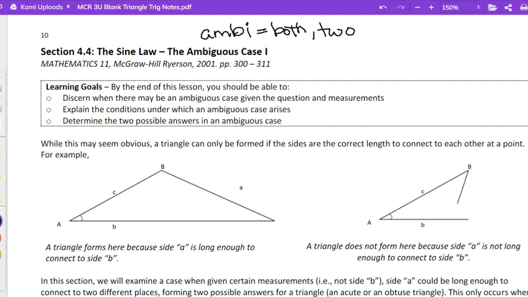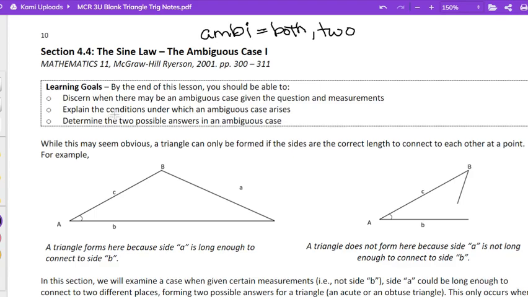Is it a one answer triangle or a two answer triangle? The next goal is to explain the conditions under which an ambiguous case arises. We're going to have a checklist so that we can say yes, ambiguous case, or no ambiguous case. Step 3, once we know we have an ambiguous case, is to determine the two possible answers.